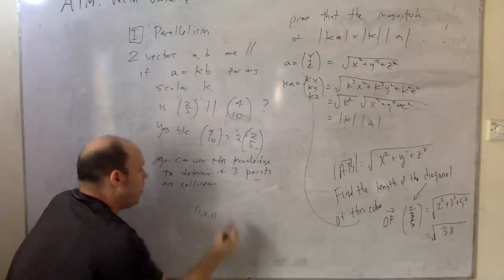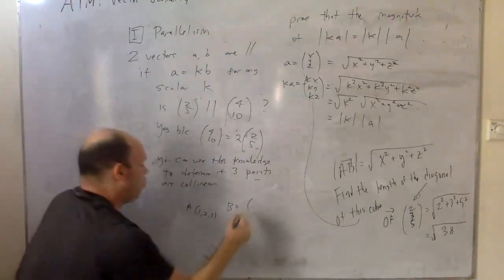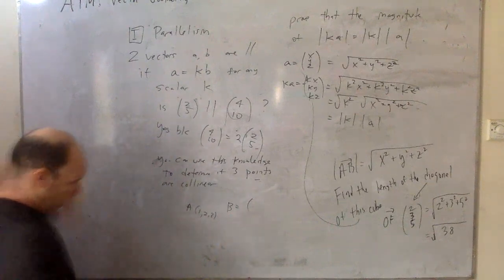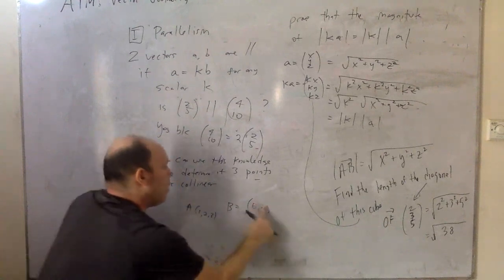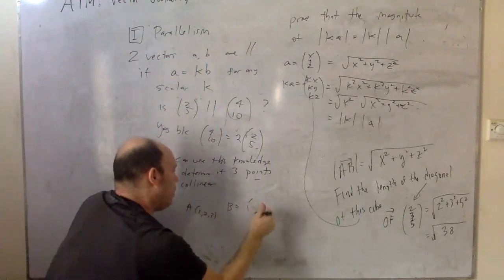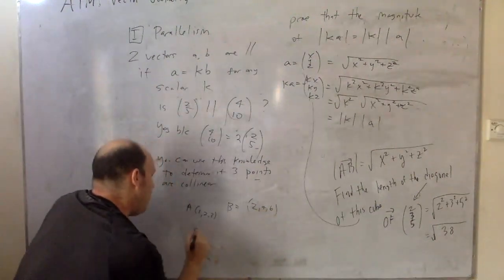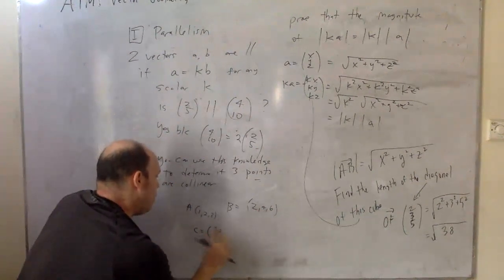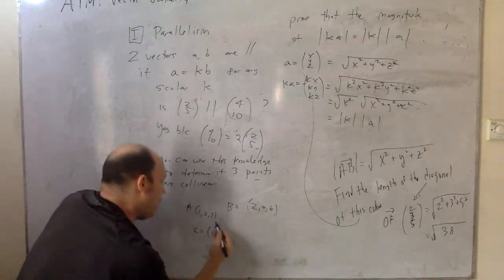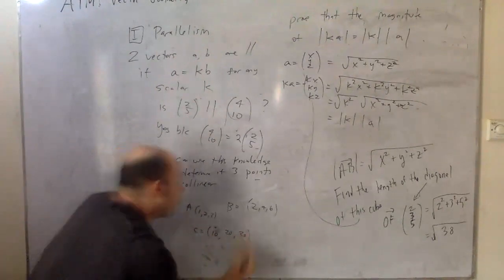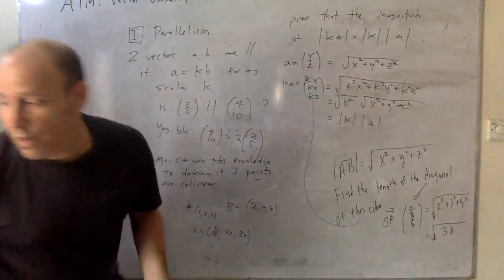How about this point A is 1, 2, 3. This point B is 2, 4, 6, and point C is 10, 20, 30. So the question is, are these points collinear? Are they on the same line?